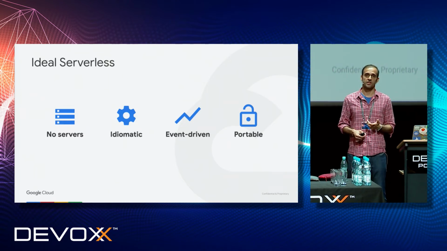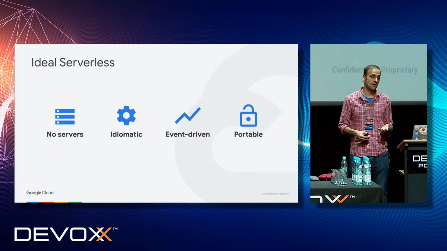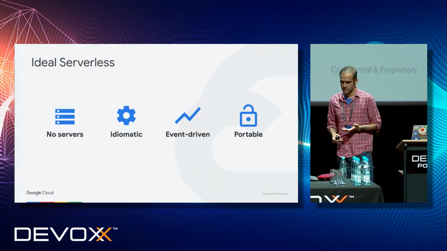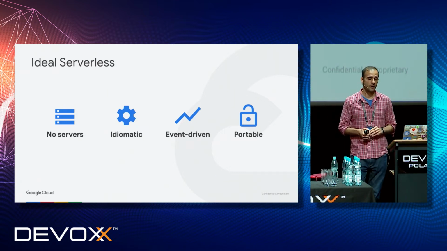Secondly, I want the serverless framework to be idiomatic. What I mean by that is, I am a C#.NET developer. I'm used to using ASP.NET Core Web API. I should be able to use that in my serverless framework. Similarly, if you're a Java developer, you're probably used to using Spring Boot. You probably want to use Spring Boot as well in your serverless platform. So you shouldn't have to use some special framework just to use the serverless library or framework.